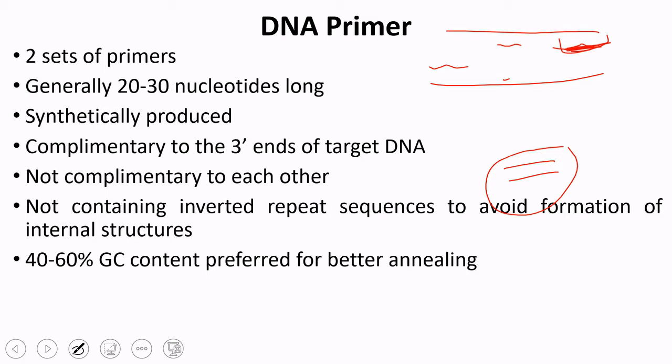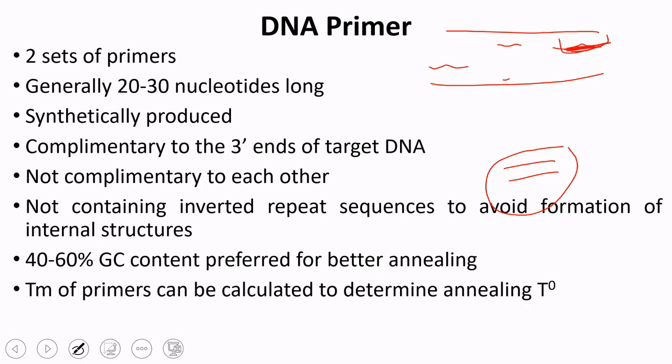Normally 40% to 60% GC content is preferred for better annealing, because GC, you know, forms 3 hydrogen bonds. So if we have a slightly higher GC content, the annealing process will be better, and more powerful hybridization happens. The annealing temperature is determined from the melting temperature of the primer. So first we determine the melting temperature of the primer, and then we calculate the annealing temperature, which is the temperature at which the primer is added to the DNA.